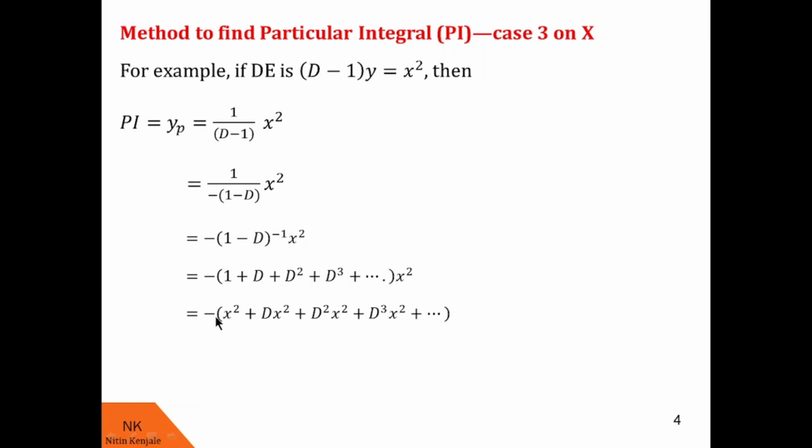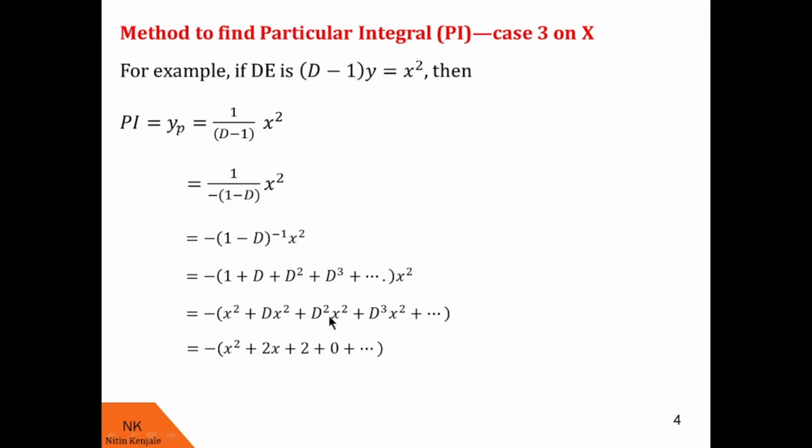So we have minus of 1 into x square is x square plus D of x square plus D square of x square plus D cube of x square and so on. Now let's evaluate these terms. Since D is nothing but d by dx, that is the derivative, here we have to calculate the derivative of x square, which is 2x.